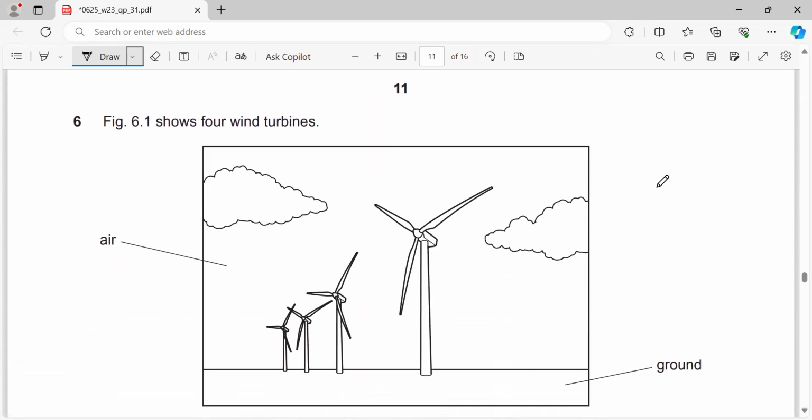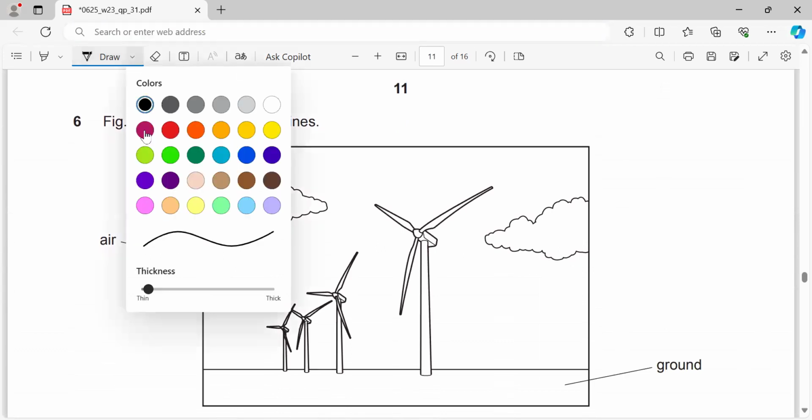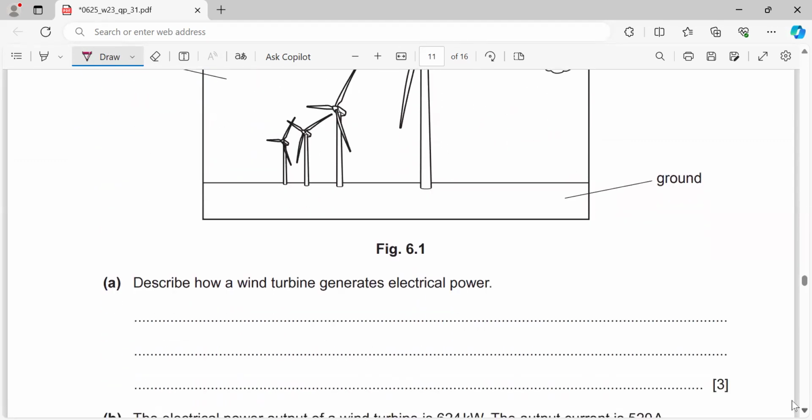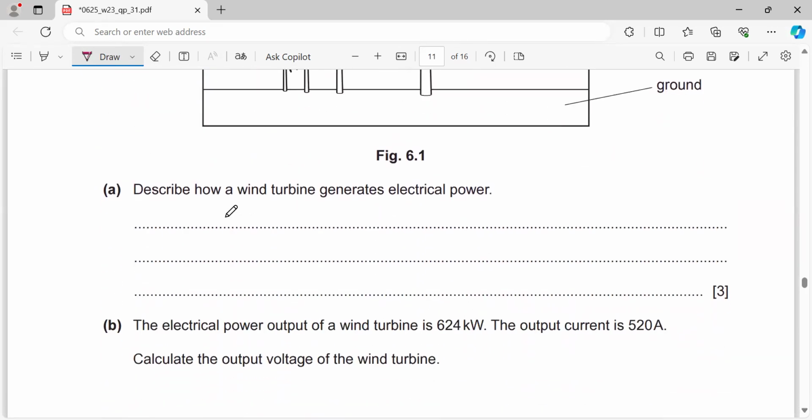Number 6, figure 6.1 shows 4 wind turbines. Describe how a wind turbine generates electrical power.